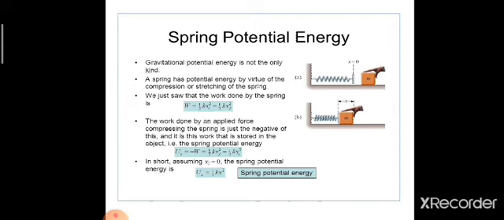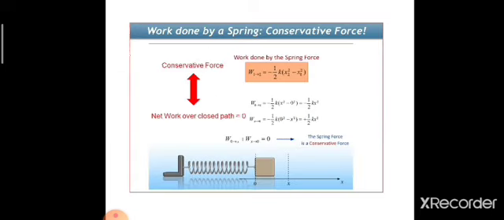The work done here depends only on the initial and final positions, and hence spring force is an example of a conservative force, like the gravitational force. So the net work done over a closed path of a spring will be equal to 0, since spring force is an example of a conservative force.